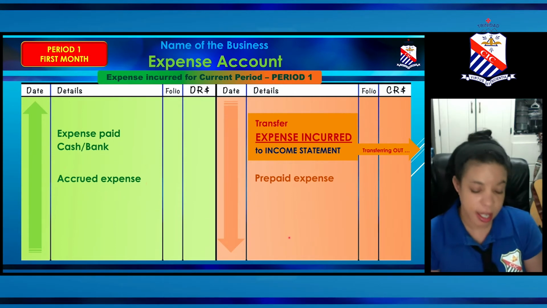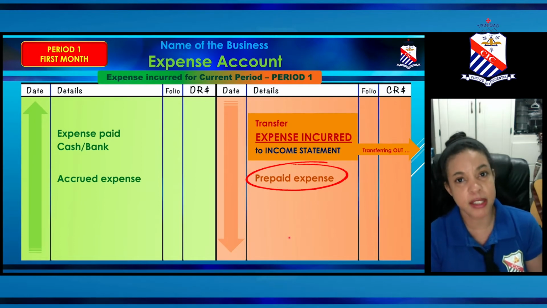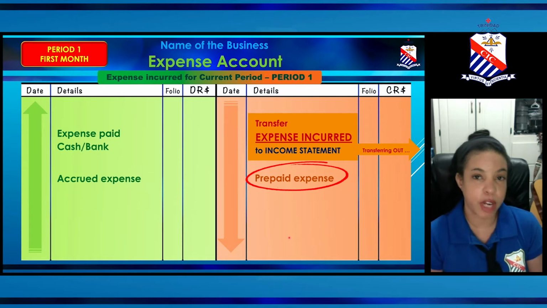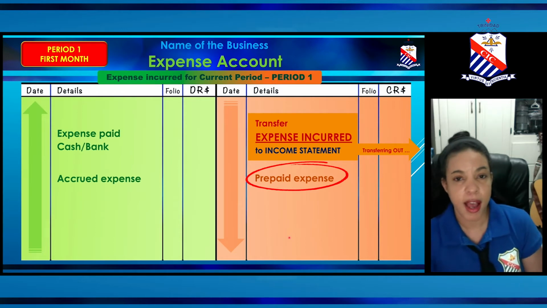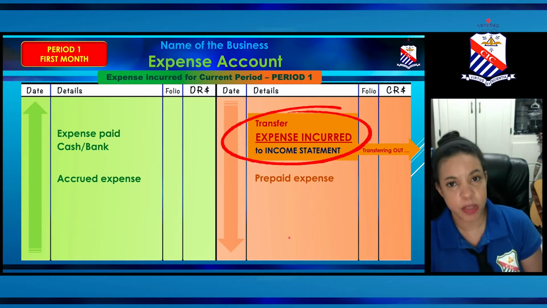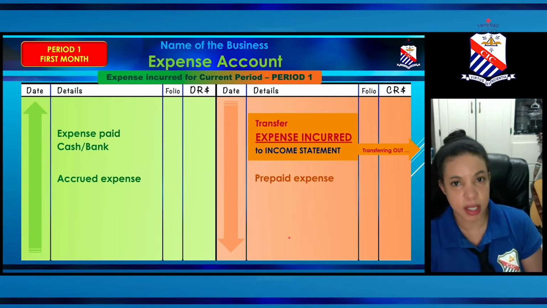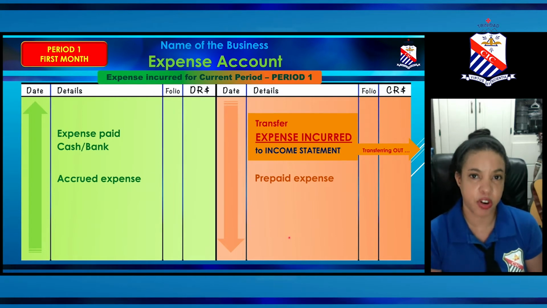On the credit side, any prepaid expenses that do not belong in this period because they have not been incurred as yet, even though they have already been paid, you will put on the credit side to decrease that expense for this particular period. And then when you have calculated your expense incurred, that will be transferred out of the expense account into the income statement account to calculate the net profit for this particular period.